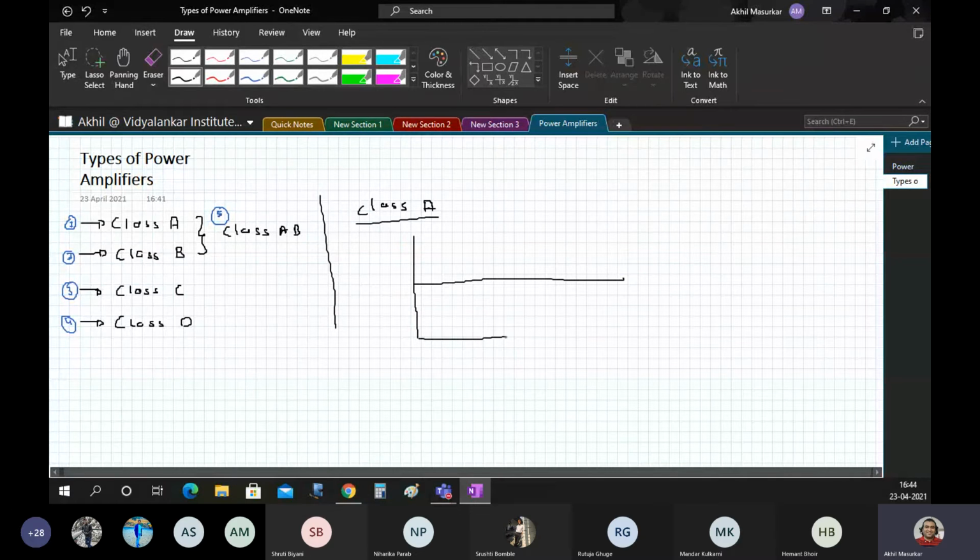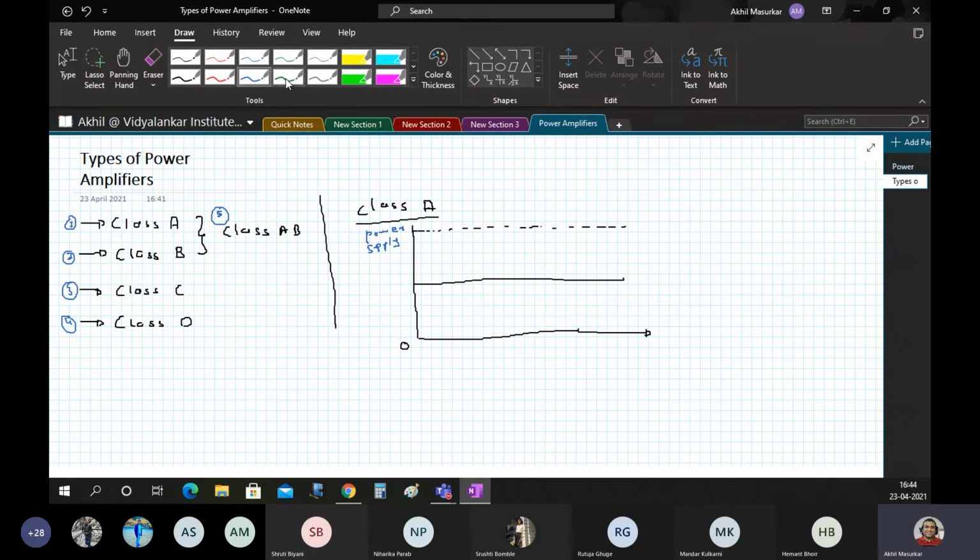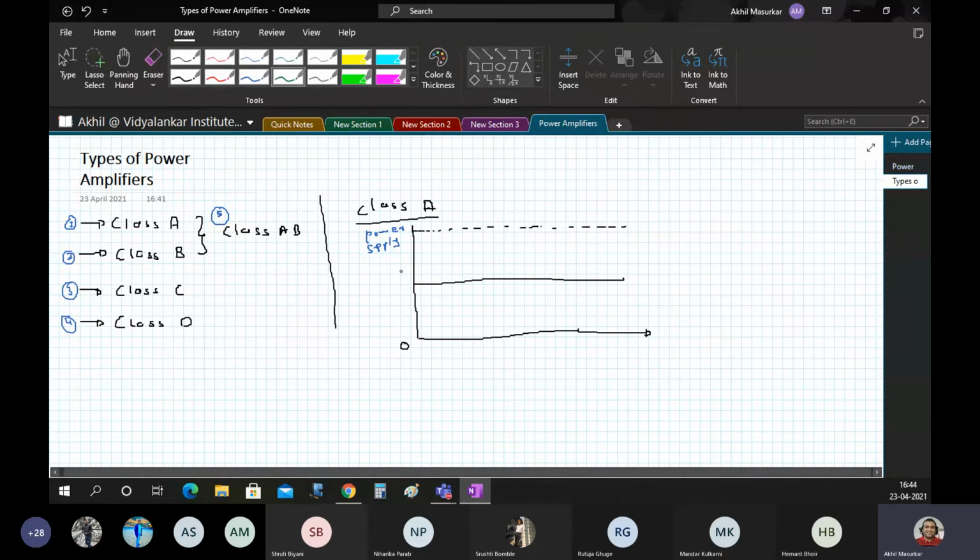This is my 0 signal level, and at the top you have the power supply, since no signal can go above VCC. So your signal varies somewhere between the power supply and the ground. We can just draw the diagram in a proper way.